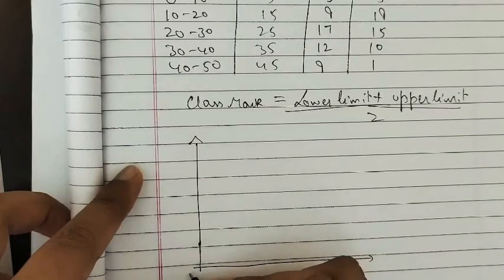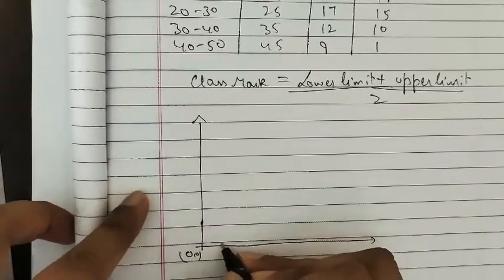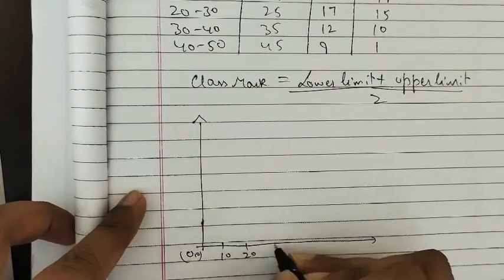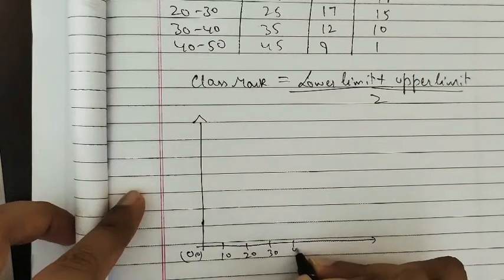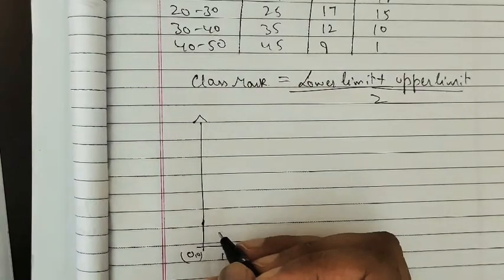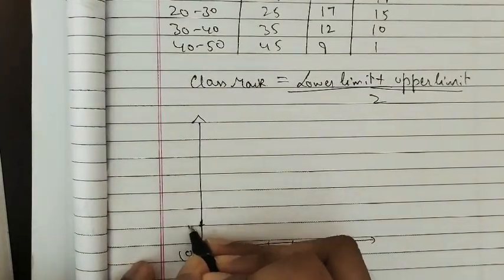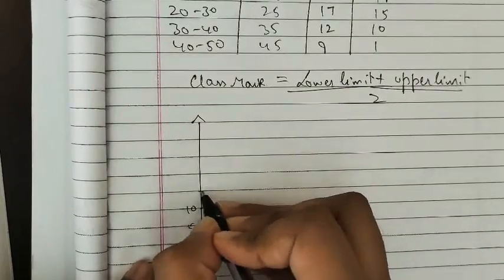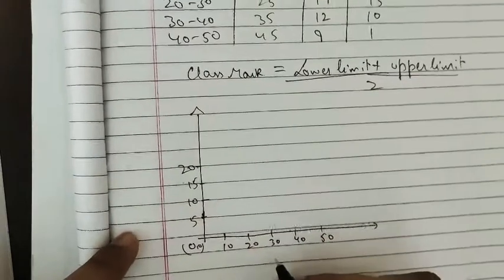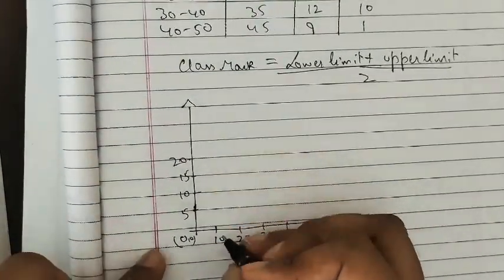So 0, and this is 10, 20, 30, 40, 50, right? So here let's take a gap of 5, 5, 10, 15, 20, right? You can take a gap of 2 also, because due to lack of space I've taken this gap.